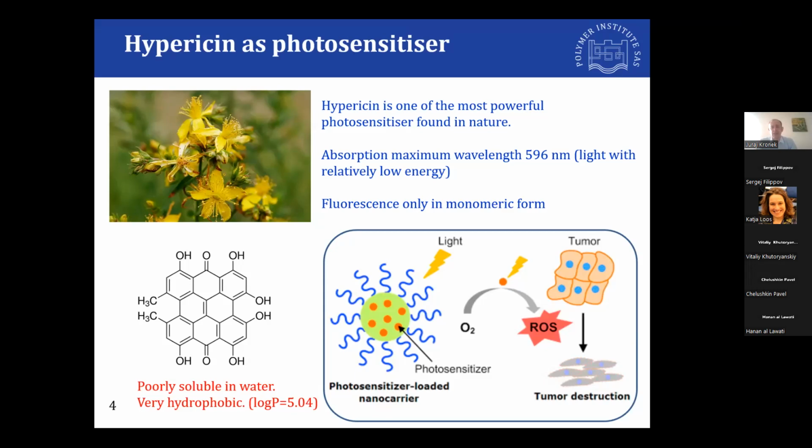One possibility is to use nanomedicine. It means the encapsulation of hypericin inside nanoparticles, and then delivering hypericin to the cell to produce energy transfer and generation of the reactive oxygen species.